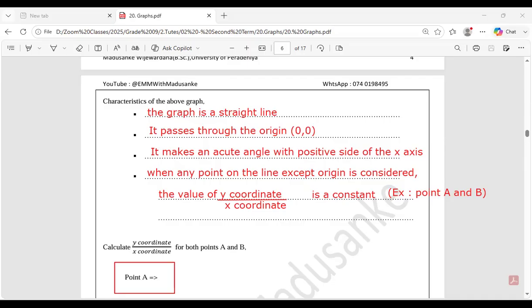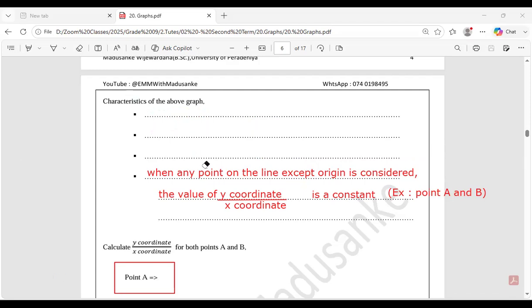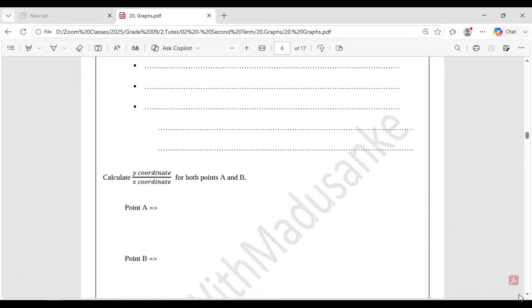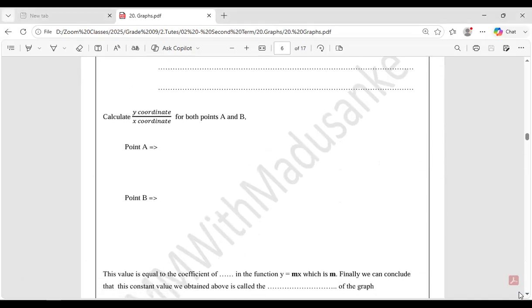Right, okay. So let's do it. I will clear this part. I have done this part on the board. You know how to do.